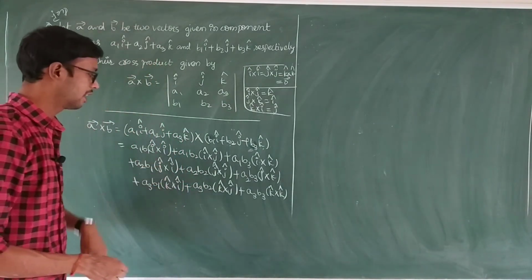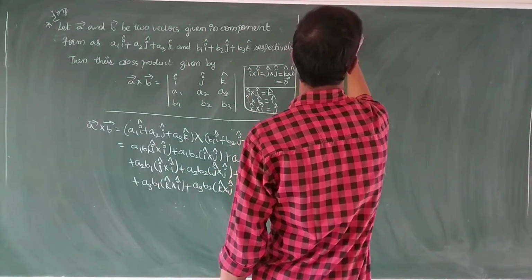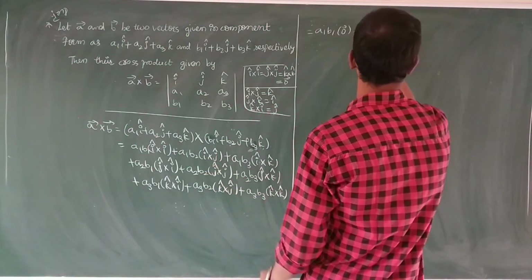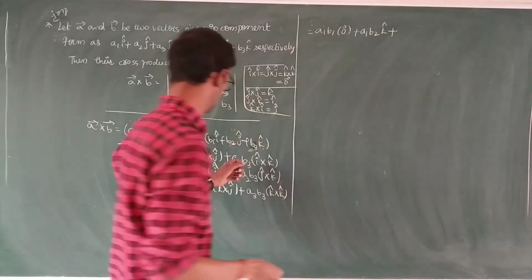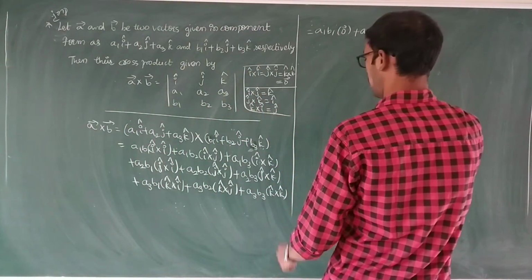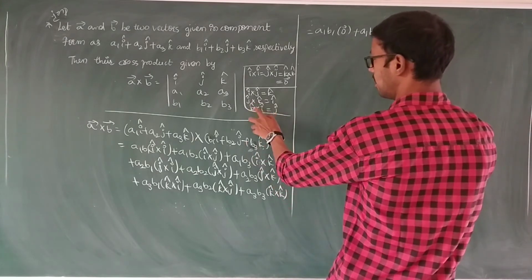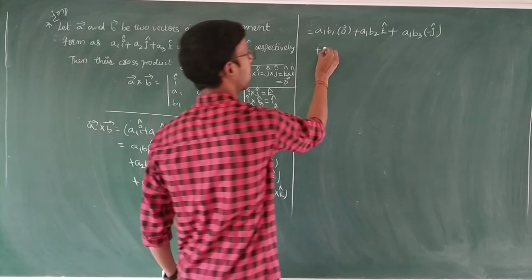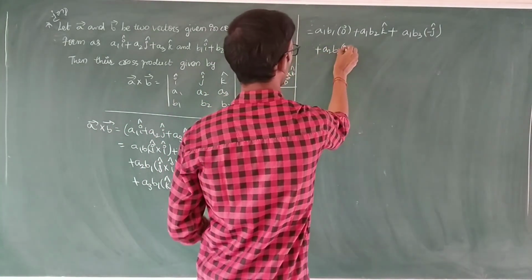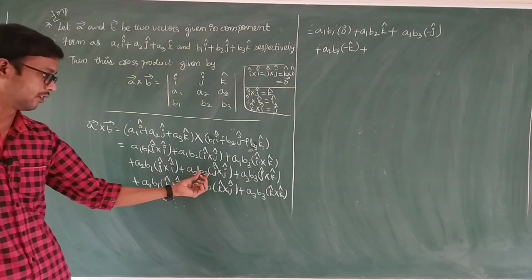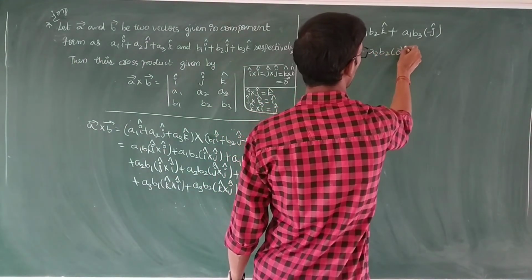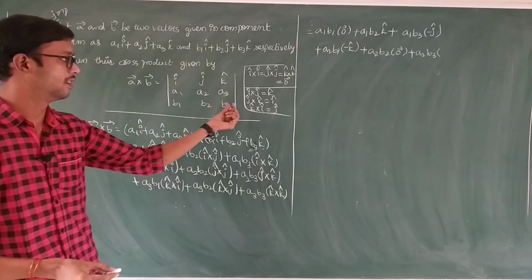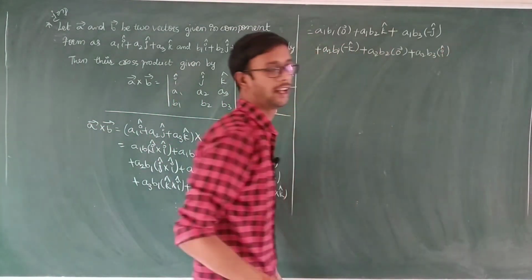So now we can see here: A1 B1 zero vector, plus A1 B2 i cross j, i cross j is k cap, plus A1 B3 i cross k. i cross k is the reverse, so minus j cap, plus A2 B1 j cross i, which is minus k cap, plus A2 B2 zero vector, plus A2 B3 j cross k, by the cyclic property it is i cap.